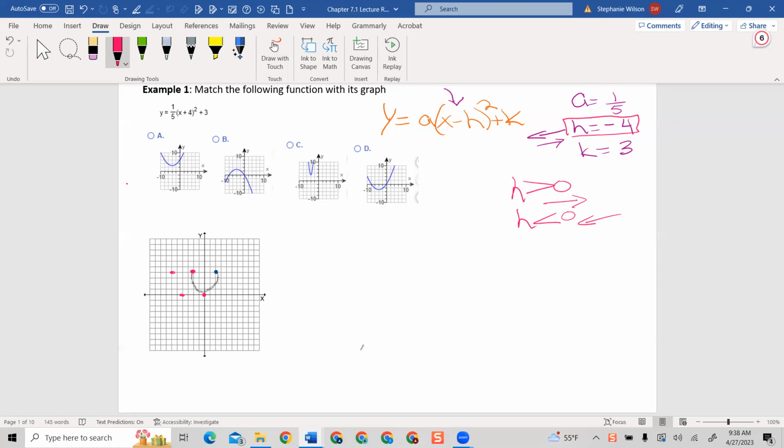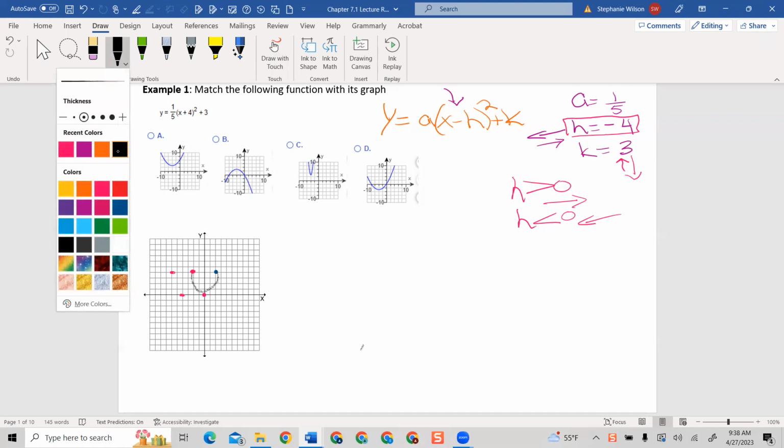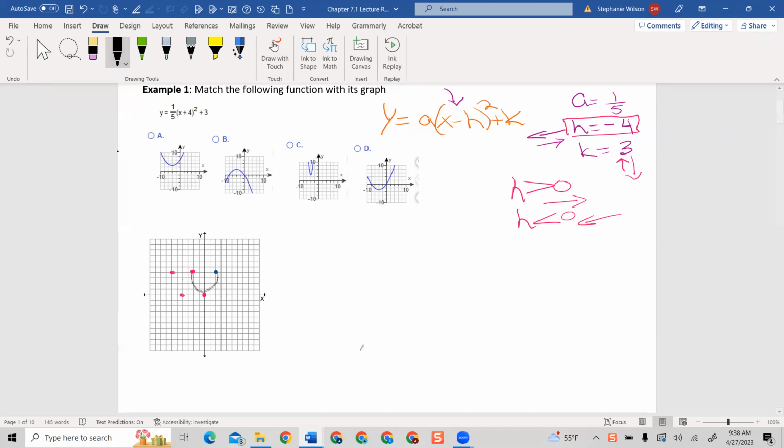K represents the y value, so if it's positive, it goes up. If it's negative, it goes down. In this case here, it's positive, so I'm going to raise it. We're going to raise it 1, 2, 3. So we got this so far.